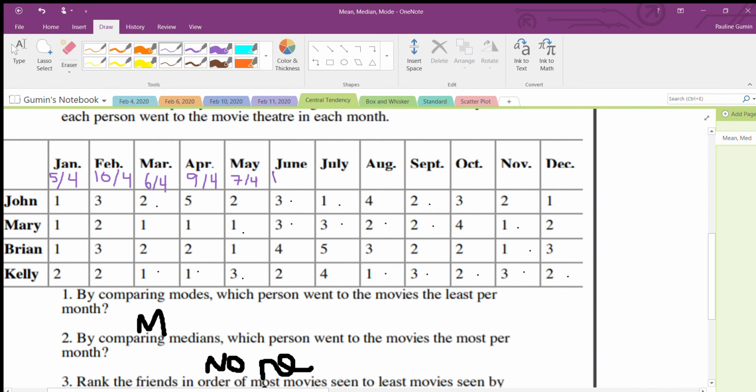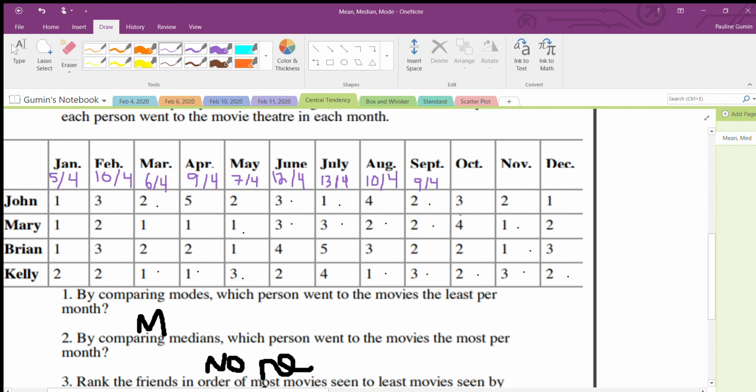It sounds about right. Summer movies, usually the ones people go to the most. July, 4 plus 9 is 13. Yeah, even more, right? Lots of blockbusters. August, yeah, this one's going to be a big one too, right before school. 4 plus 2 is 6, plus 3 is 9, plus 1 is 10. September, 2, 4, 6, 9.